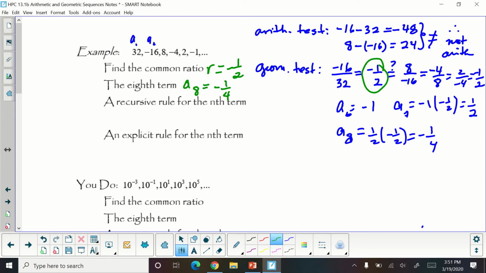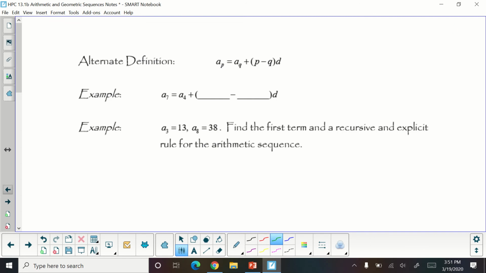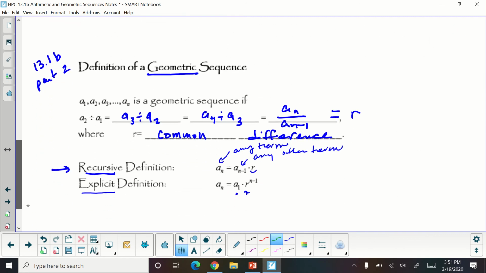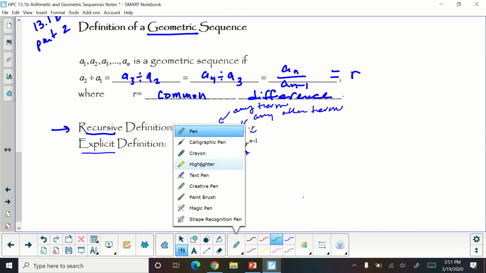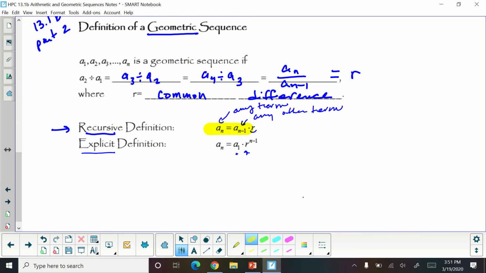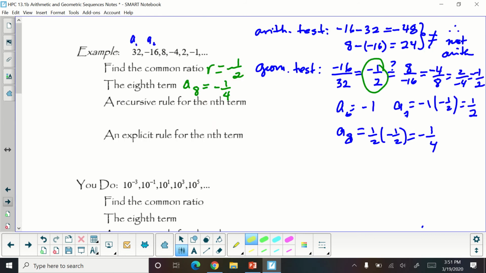My recursive rule, if we go back, followed this format. A sub n is a sub n minus 1 times r.